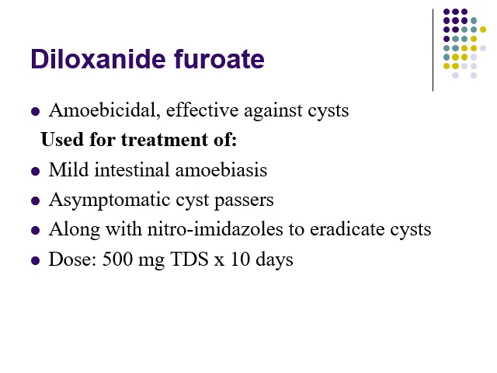So the indications for the use of diloxanide furoate are treatment of mild intestinal amoebiasis, management of carriers of amoebiasis, that is the asymptomatic cyst passers. Then it can be used along with nitroimidazoles to eradicate the cysts. The dose is 500 milligram 3 times a day for 10 days.